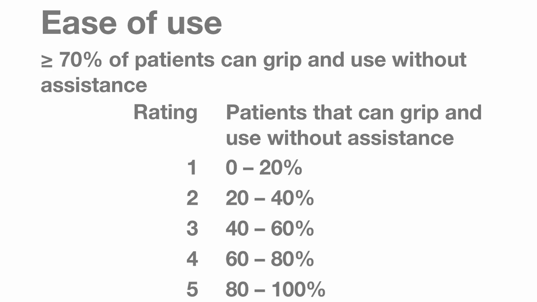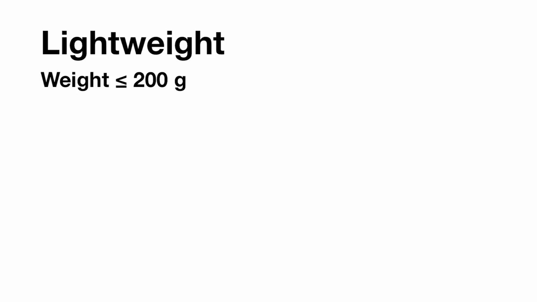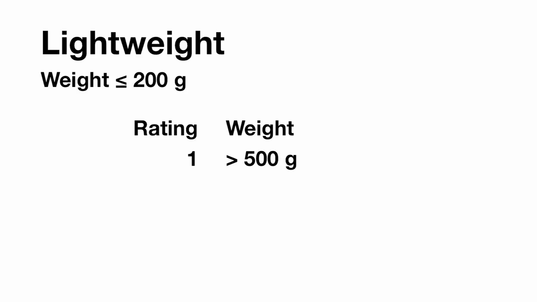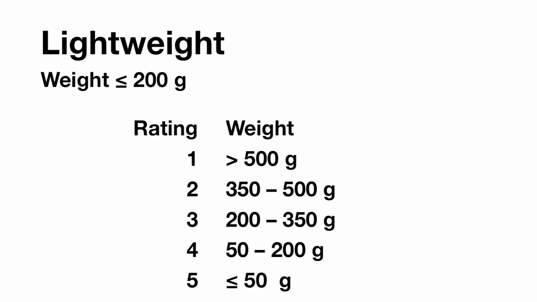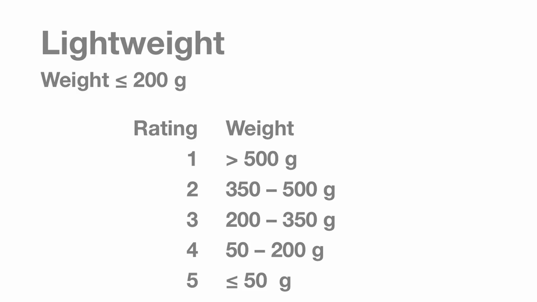For lightweight, we set the design criteria to weigh around 2 to 3 metal spoons, or less than or equal to 200 grams. Here we set rating 1 with a weight greater than 500 grams and rating 5 is a weight of less than or equal to 50 grams. We set the design criteria for durability to last at least 1 year.